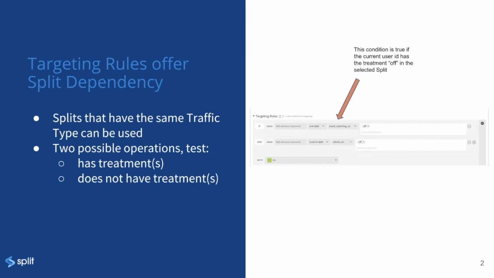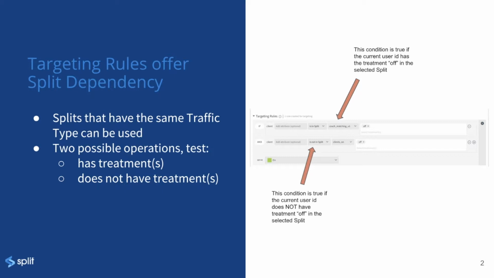Now, the user ID does not have to have actually participated in or exist in that other dependent split. The SDK will simply calculate what the same user ID would have got in that other split during runtime.